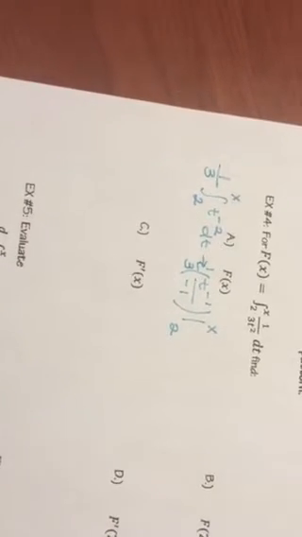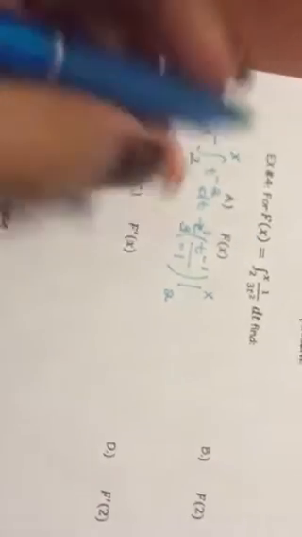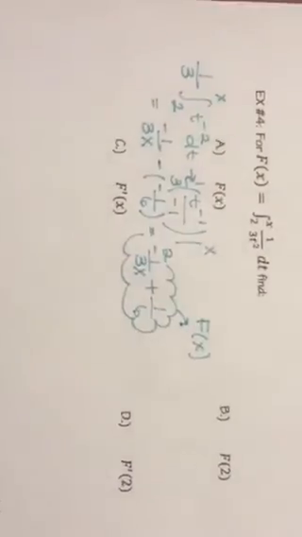And that would give us negative 1/3 x minus a negative 1/6. So that gives us negative 1/3 x plus 1/6. And this right here is our capital F of x.